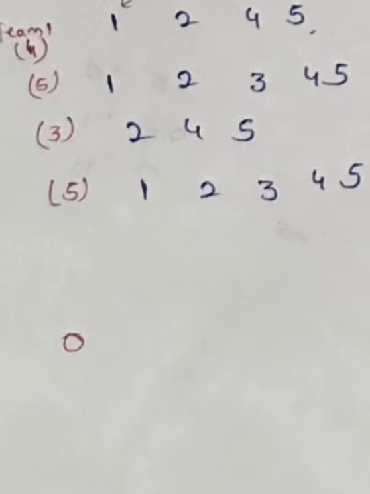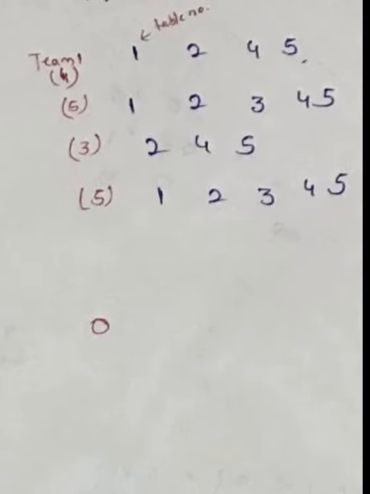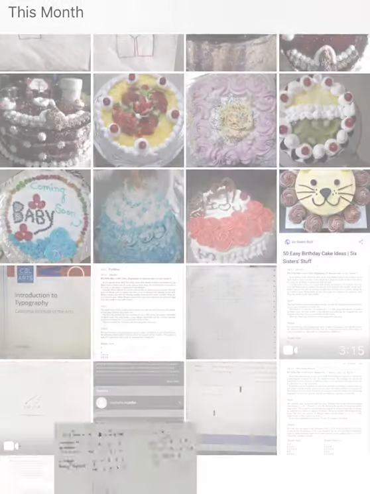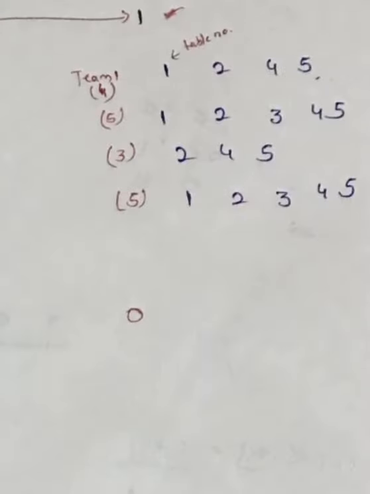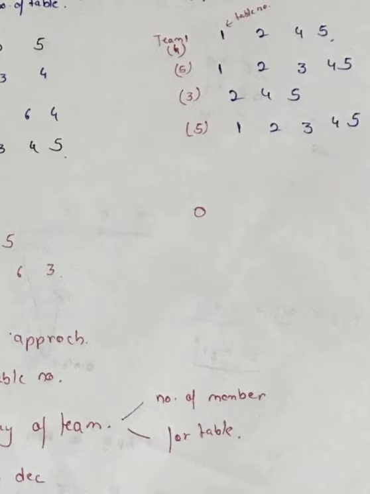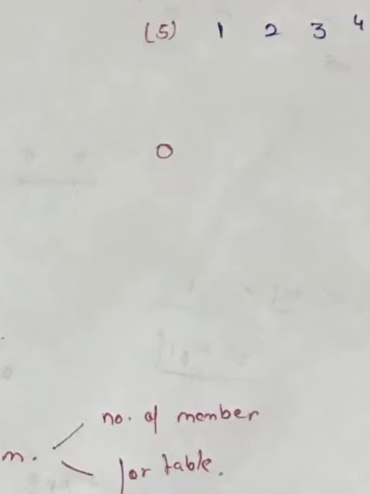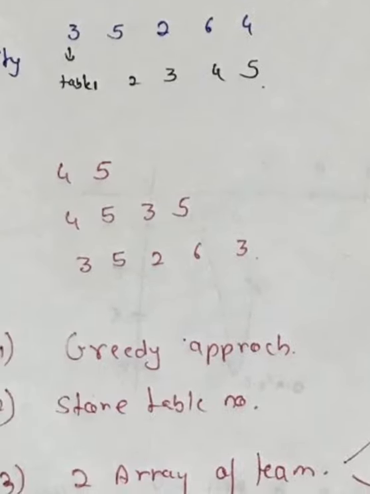Here you can see in the output that none of the team members is seated at the same table number. So this kind of arrangement is possible in this scenario. And the second sample input returns 0 because this kind of arrangement is not possible in the second sample input.